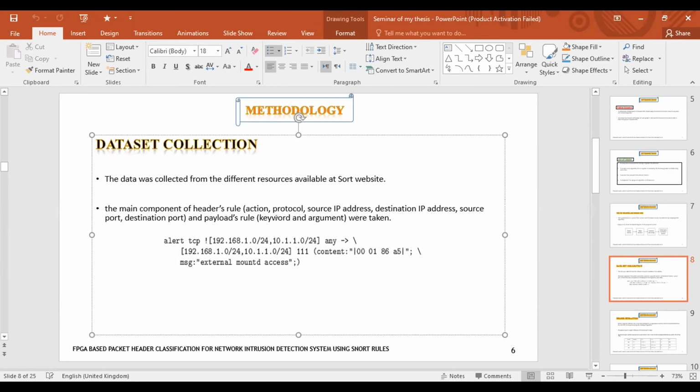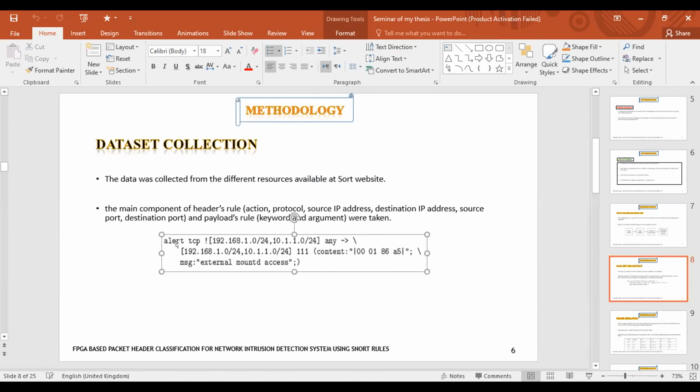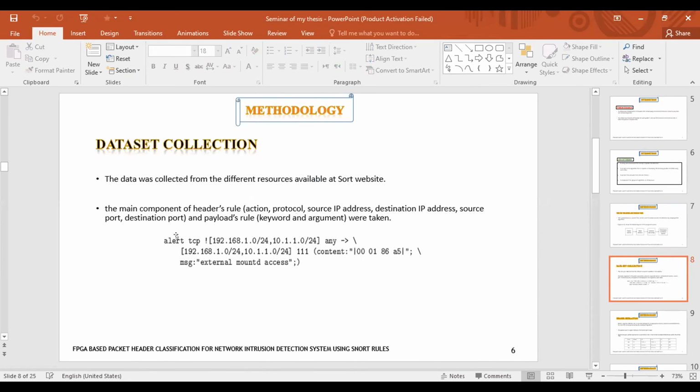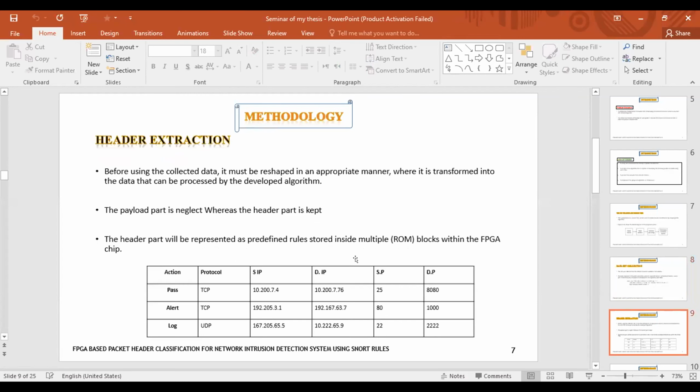The payload rule will be ignored. So this is an example of the dataset. This is the action, which means alert the user, because maybe this packet is malicious. And this is the protocol. The type of protocol is TCP. This is the source IP, destination IP, and so on.